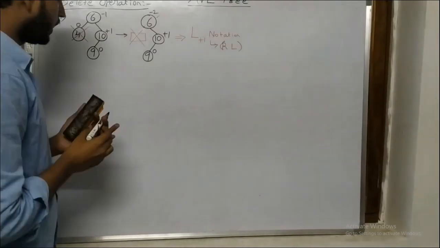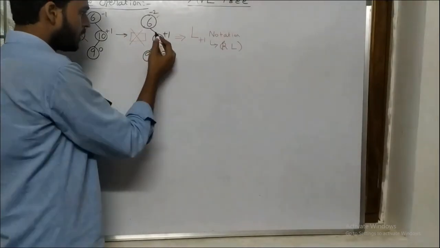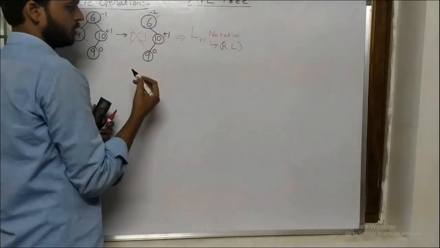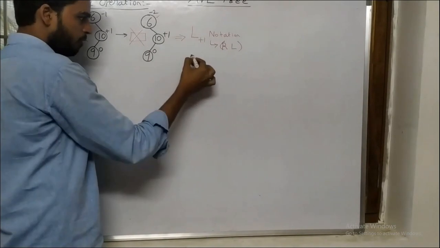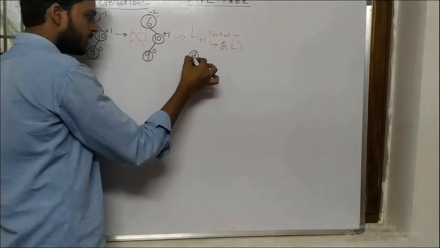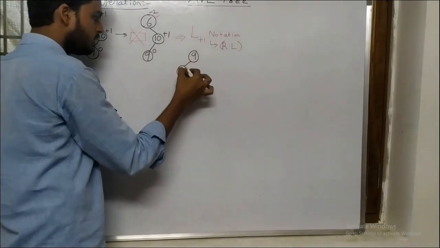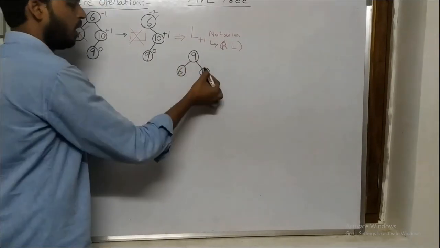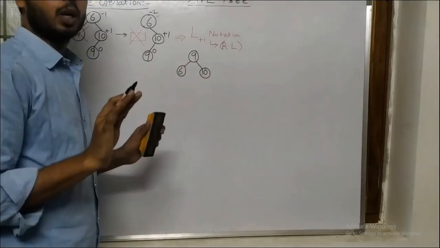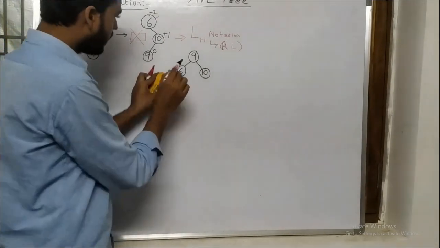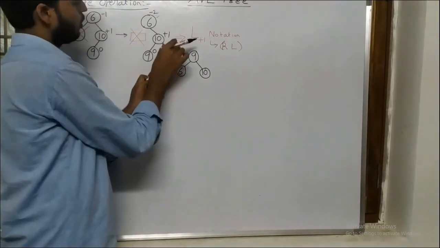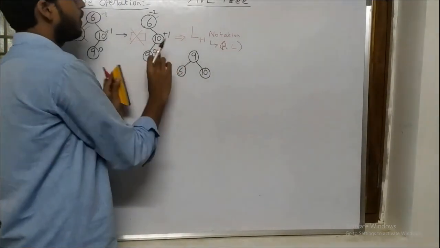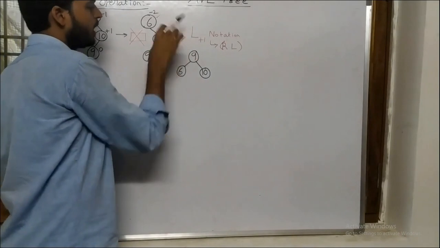Why do we need to apply RL notation? Just think about it. My final resultant tree should compulsorily be 9, 6, 10. Then only it is correct, and all the remaining possibilities are not possible. So if I want to get my tree like this, I need to make a rotation. What kind of rotation? Clockwise then anti-clockwise.